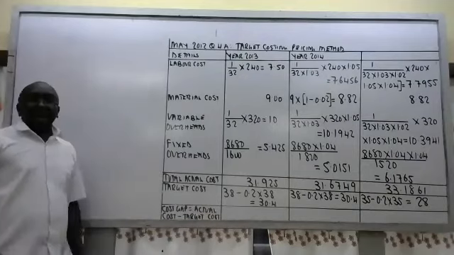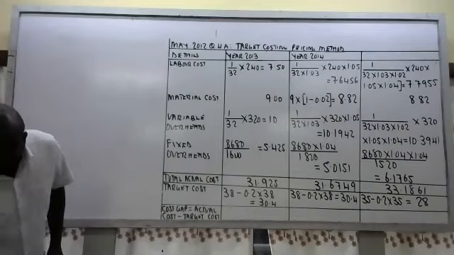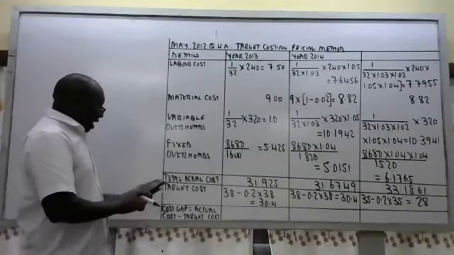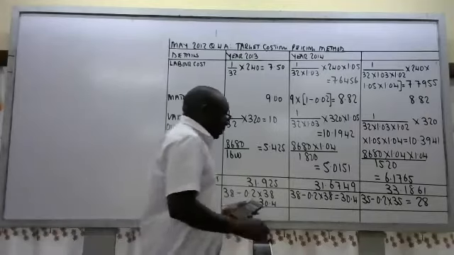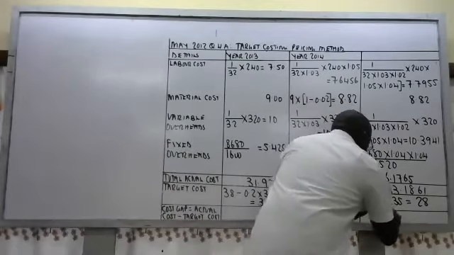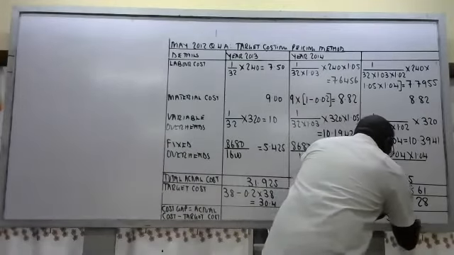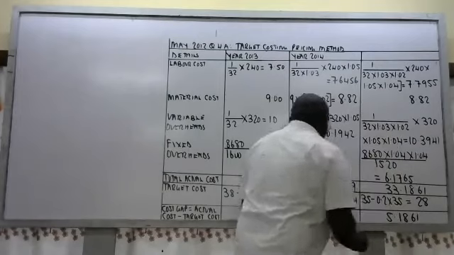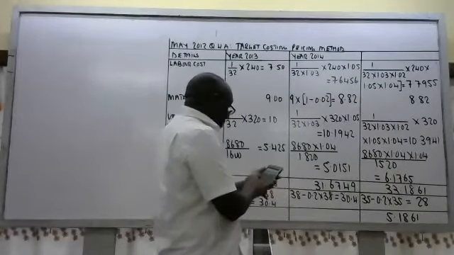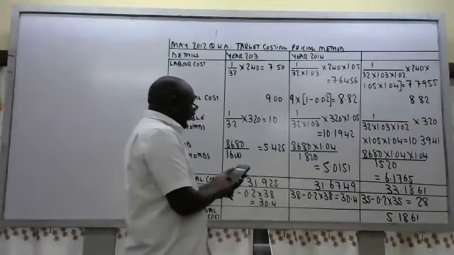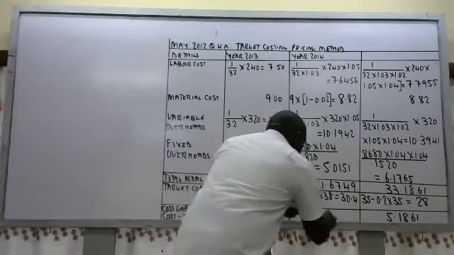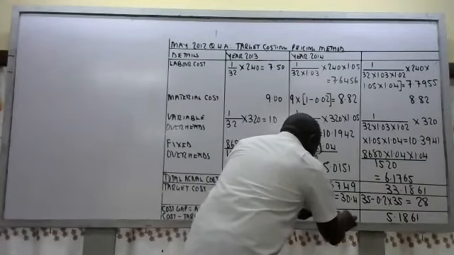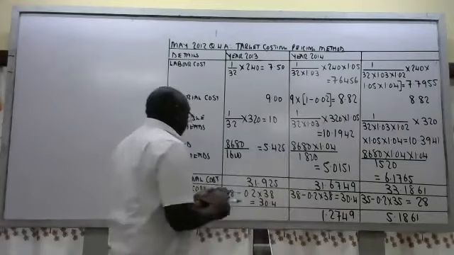So kianzia huko, 33.1861 minus 28 is 5.1861. That 31.6749 minus 30.4 is 1.2749.